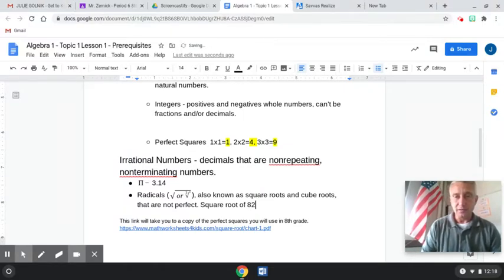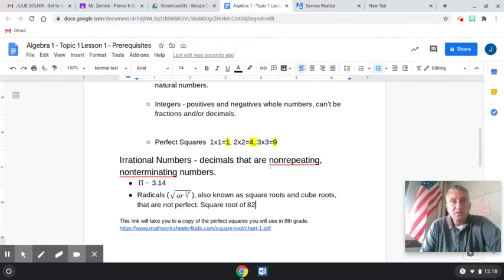Well, we don't have a perfect square, because a number times itself is not going to give you 82. So it's not a perfect square. Therefore, any radical that's not a perfect square, any square root that's not a perfect square, is irrational. That decimal will continue to go on forever. It will never stop. Therefore, we can't put it over 1 and call it a fraction.